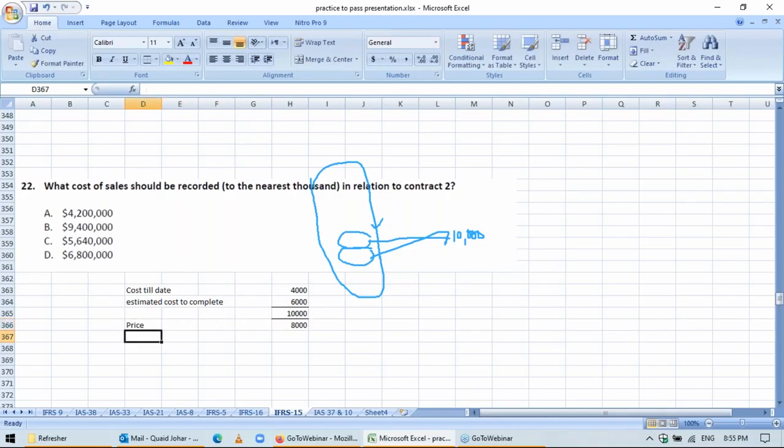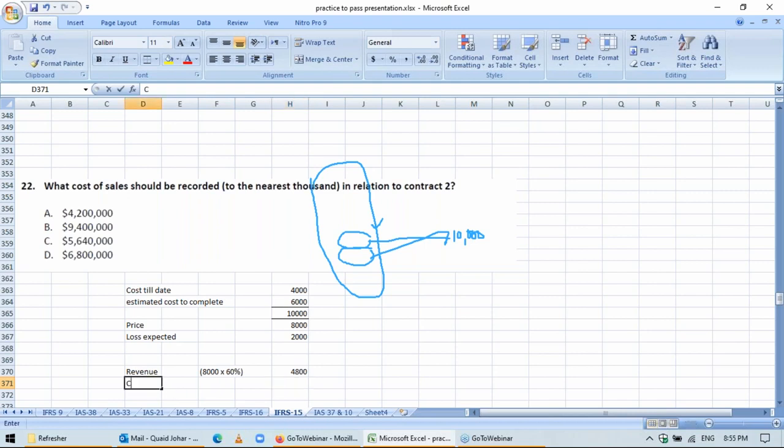So loss expected is 2,000, which needs to be recognized immediately. How will we do it? Revenue will be recognized on the basis of percentage of completion, 8,000 multiplied by 60%, which has been completed. So the revenue will be 8,000 multiplied by 60%, which is 4,800.